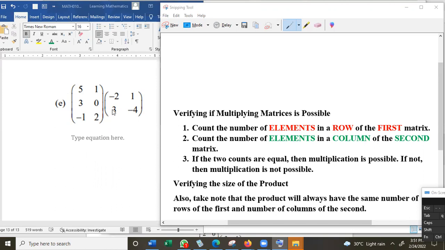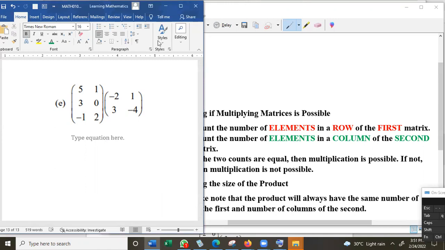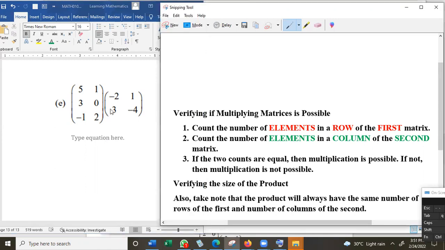How many columns in the second matrix? So the product will be a 3 by 2. So multiplication is possible because 1, 2 in the row of the first, 1, 2 in the column of the second.